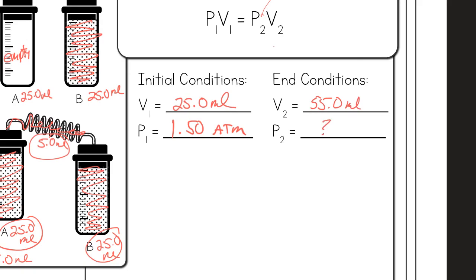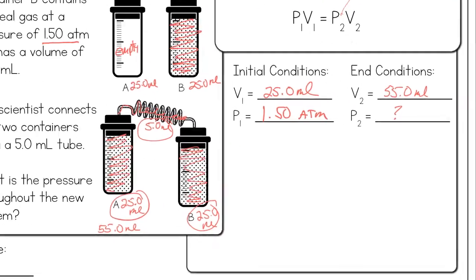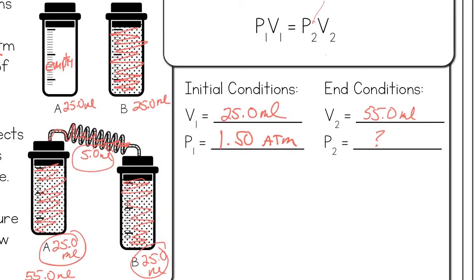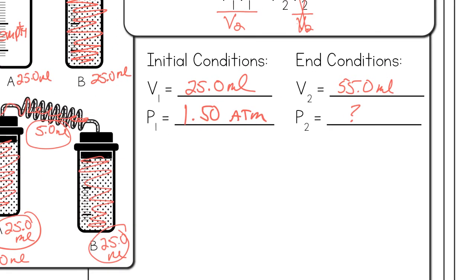And then pressure 2, reading my problem, what is the new pressure throughout the system, is going to be my unknown. So now I'm going to rearrange my formula. Well, P2 is my unknown just by accident. So I'm going to need to isolate it, divide V2 by itself, and that disappears. If I do it on that side, I'm going to need to do it on this side. And now I'm ready to substitute in my numbers.